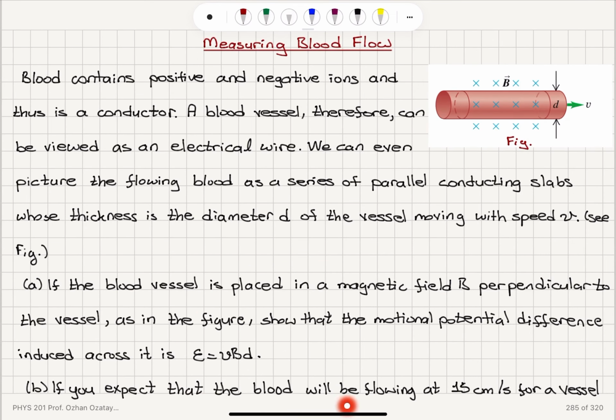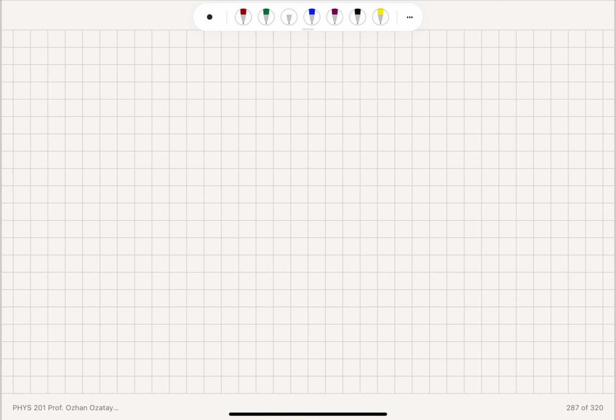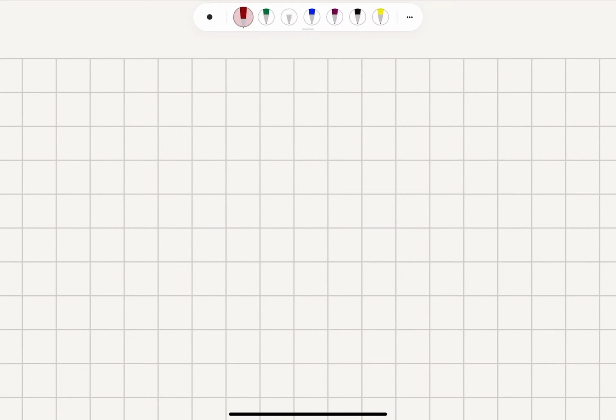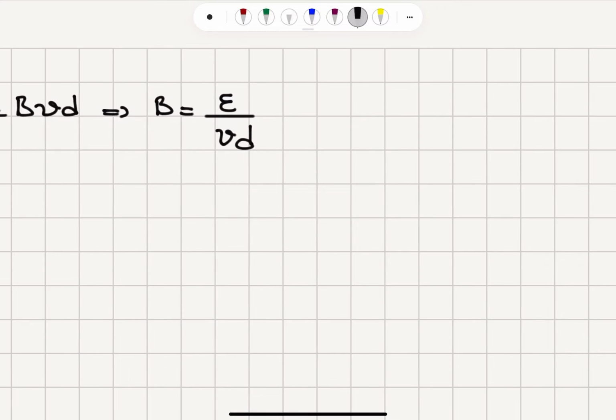If you expect that the blood will be flowing at 15 centimeters per second for a vessel 5 millimeters in diameter, what strength of magnetic field will you need to produce a potential difference of 1 millivolt? Well, this is direct application of the calculation we did in part A. The EMF that will develop here is BVD. Now, that means the magnetic field magnitude B you would need for a given EMF we're targeting is epsilon divided by Vd.